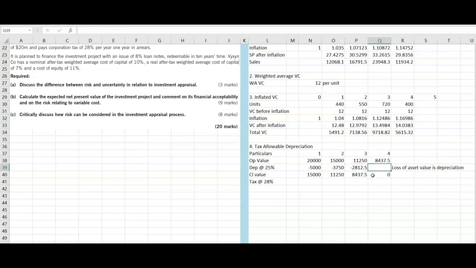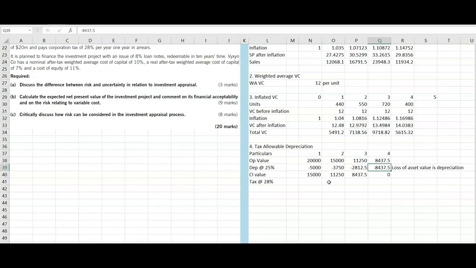So what we can do is this number that is there is a loss value. So what we'll do is we'll take the same number, 8437.5, as the loss value. So it is a negative number because the asset was 8437 in opening, but in closing it was 0. So the entire amount is depreciation.